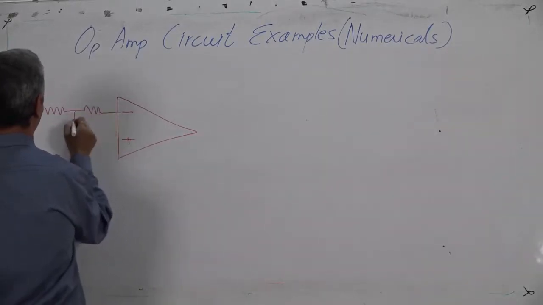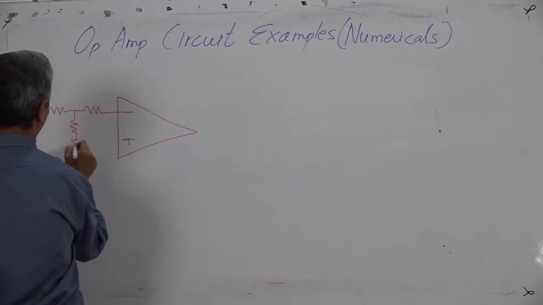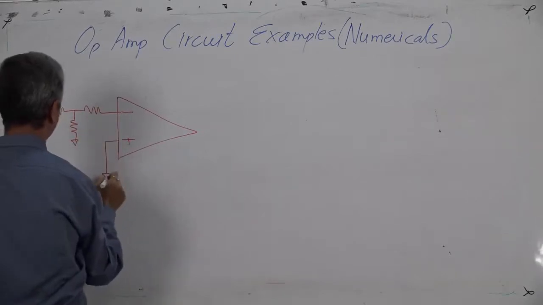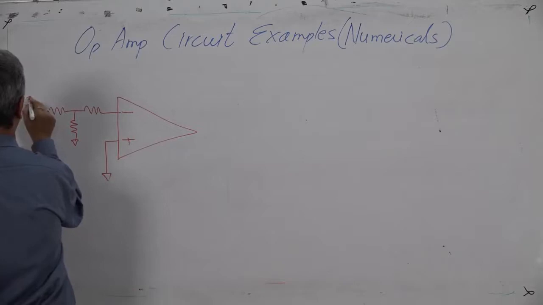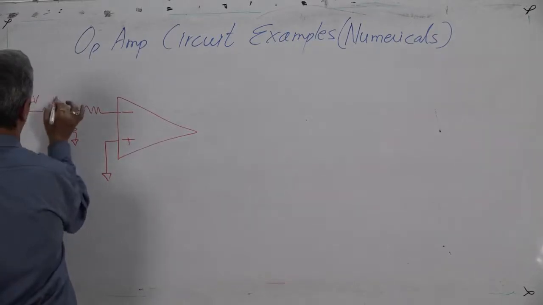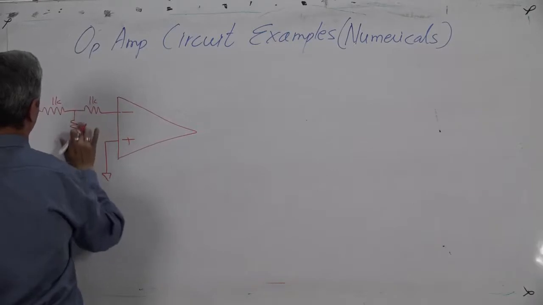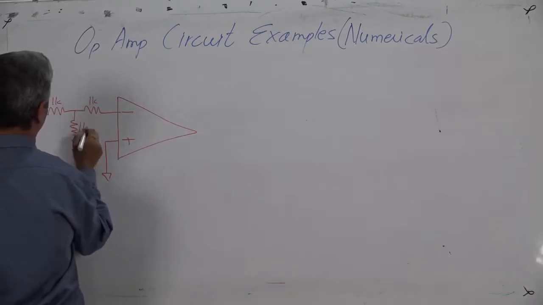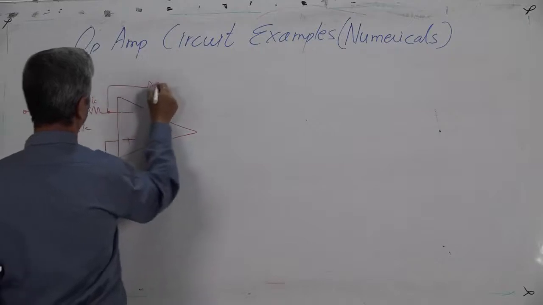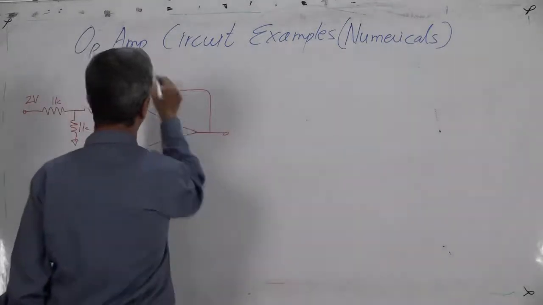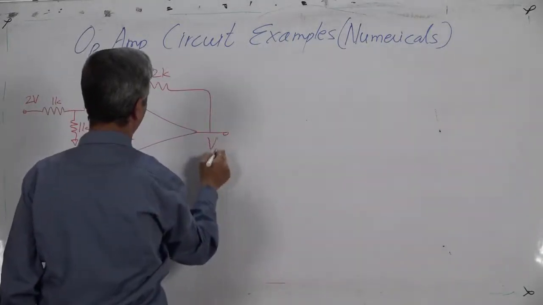We can have T here, there is no harm. This we ground, this we keep as 2 volts. We make symmetric 1K, 1K, 1K. VO.